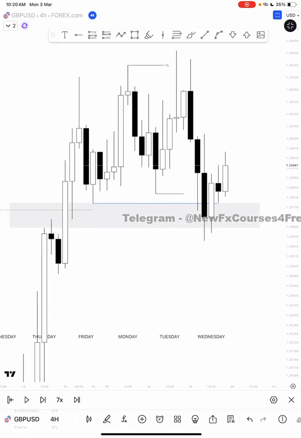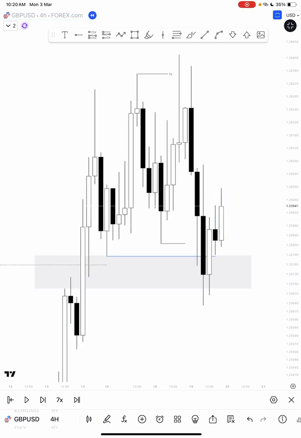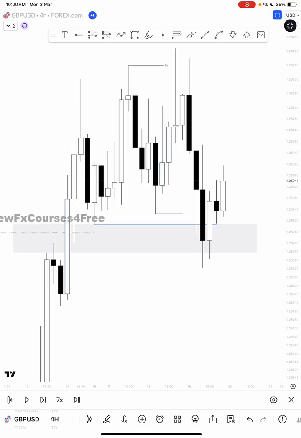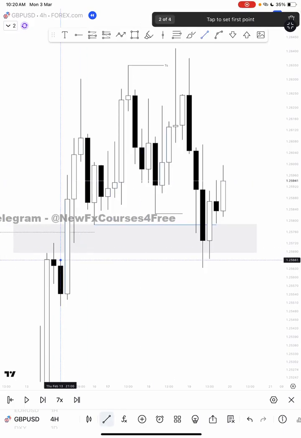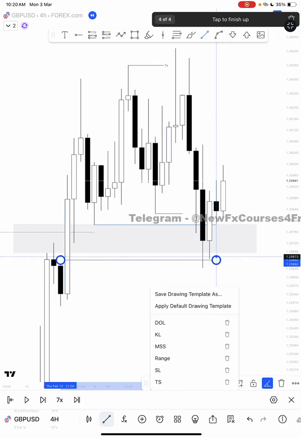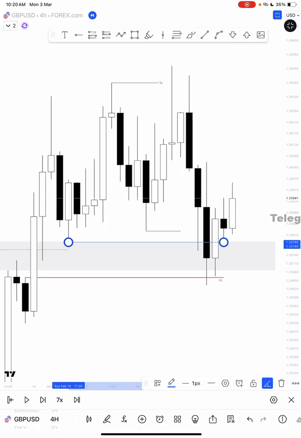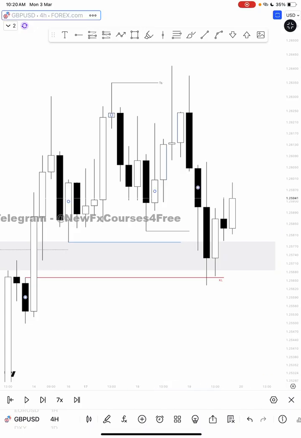If you go to your 4-hour time frame over here, the market is actually reacting from this order block over here on a discount region. So you got your key level over here, and we swept Monday's low and Tuesday's low and closed back into the range on the daily time frame.